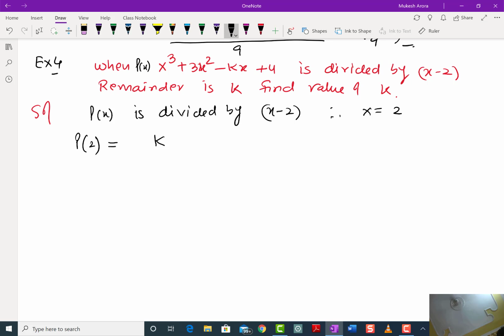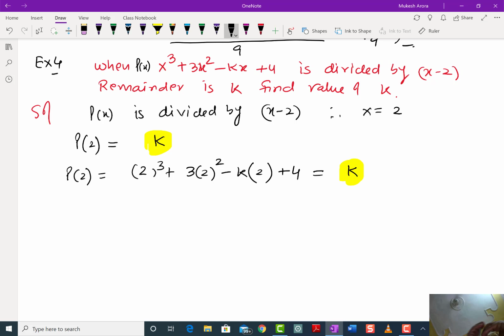So p(2) is equal to 2 raised to the power 3 plus 3 into 2 raised to the power 2 minus k into 2 plus 4 is equal to k. It's given, the remainder is k. If something else like 5, 6, 7, 9, 11, minus 2, whatever remainder is given, you will write that remainder.